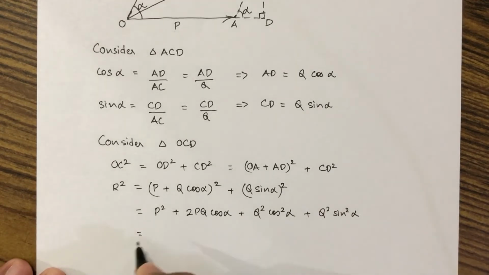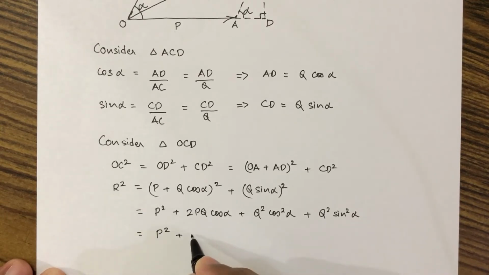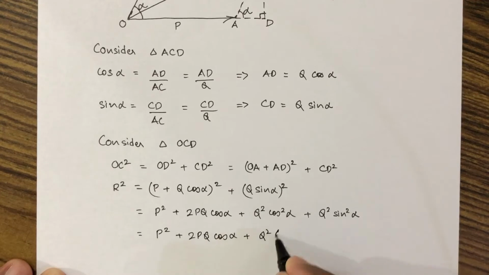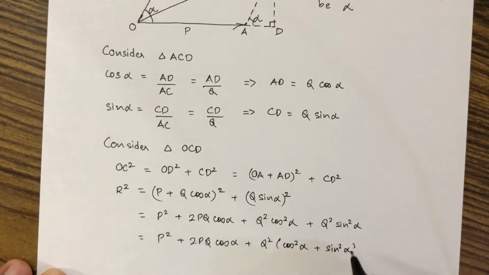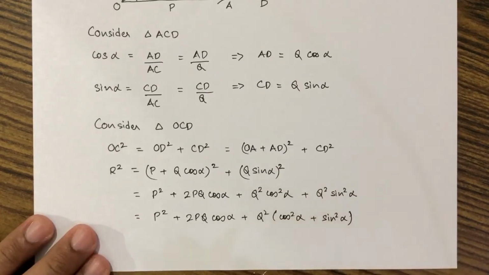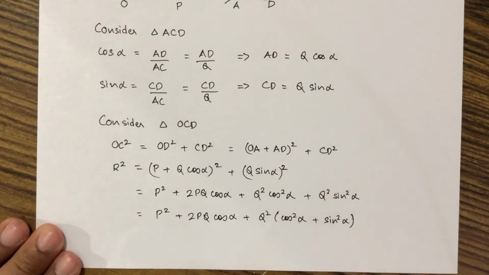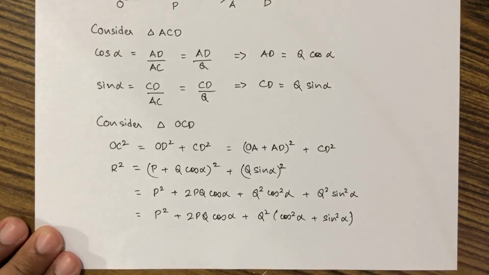Rearranging these terms, we get p square plus 2pq cos alpha plus q square into cos square alpha plus sin square alpha. But we know that cos square alpha plus sin square alpha is equal to 1. So this can be written as p square plus 2pq cos alpha plus q square.